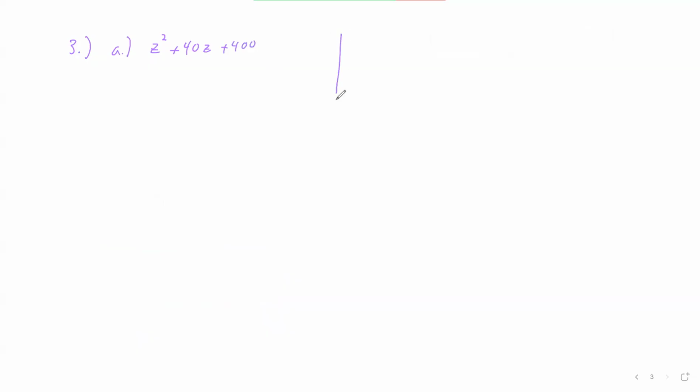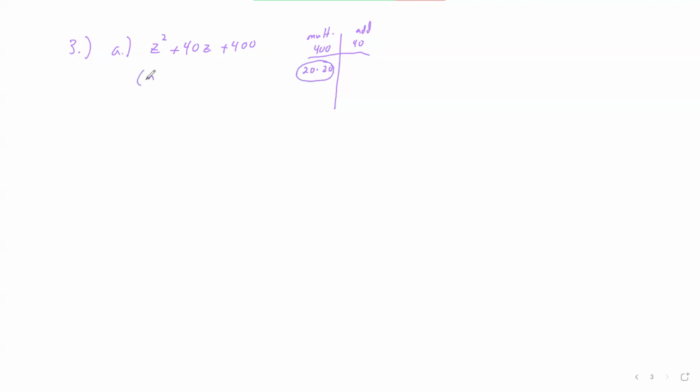So on this part here, I would multiply to 400 and add to 40. So I can go through the process of 1 to 100, and you would eventually get to 20 times 20. That multiplies to 400 and adds up to 40.